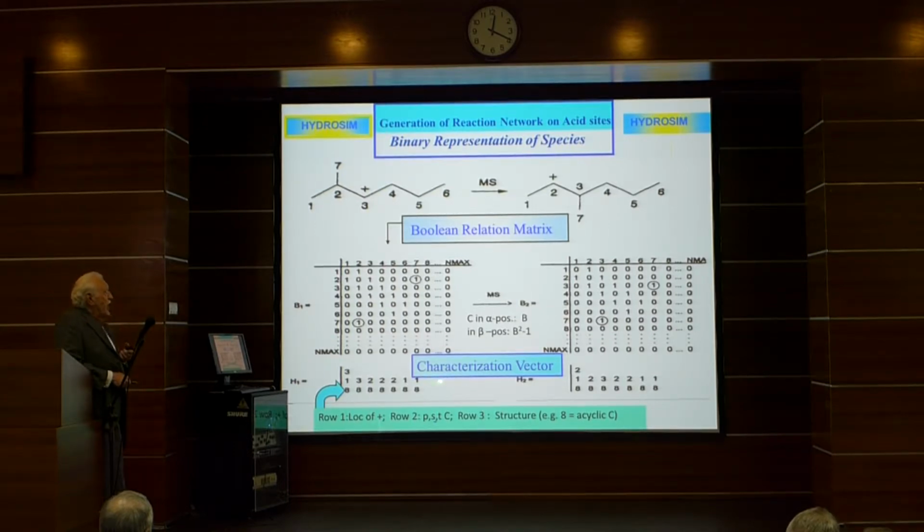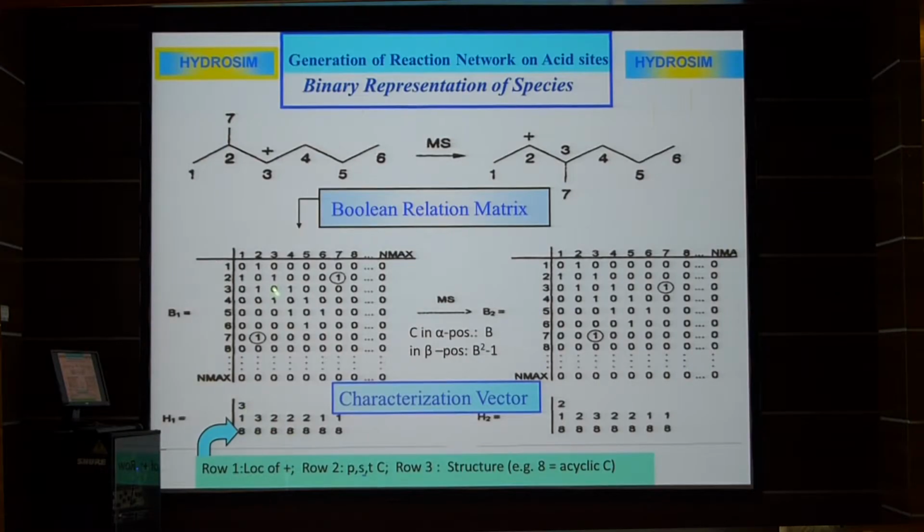Besides this matrix, you need more information to characterize the reactants and products. You need a characterization vector on top of that binary description. Row 1 here says the location of the positive sign, which you cannot do just by means of that binary matrix. So you add a vector showing the location of the positive sign.